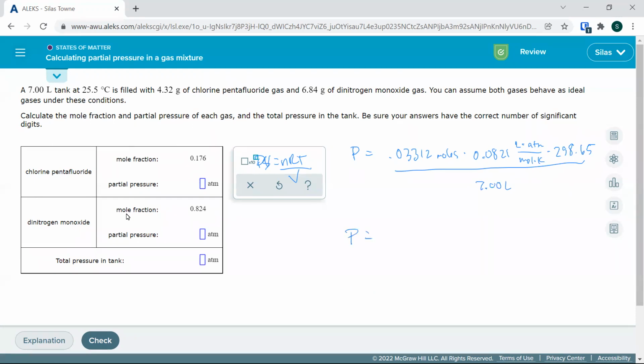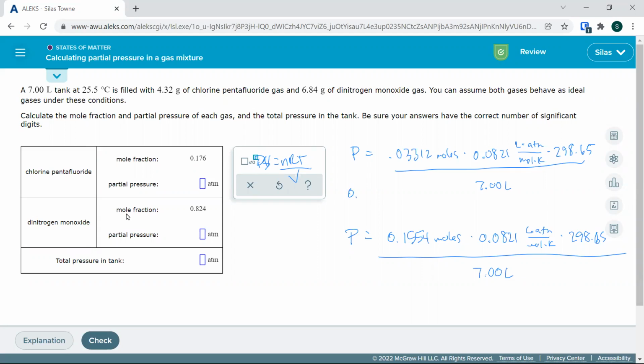Okay, our other pressure uses the other moles. Everything else should be the same. And we'll get our 2 calculations. So 0.03312 times 0.08206 times 298.65, divided by 7.